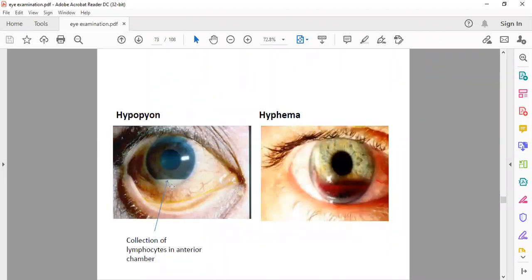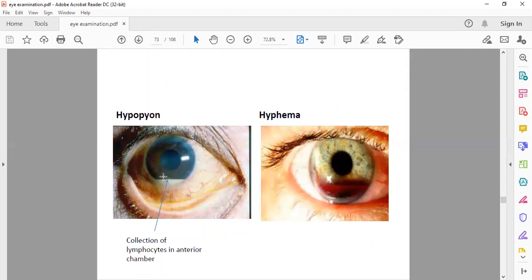So can you see this white line? And this entire white thing is nothing but hypopyon, that is pus in the anterior chamber. And it is very logical. If the patient is sitting upright, then you can see the hypopyon will settle down. But if we ask the patient to lie down, then the hypopyon will spread.